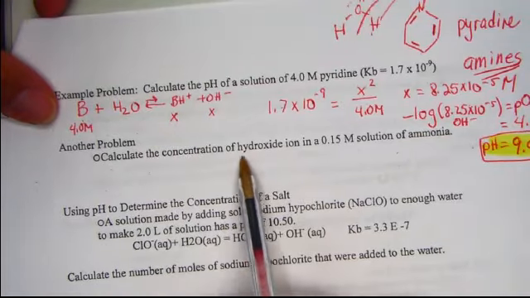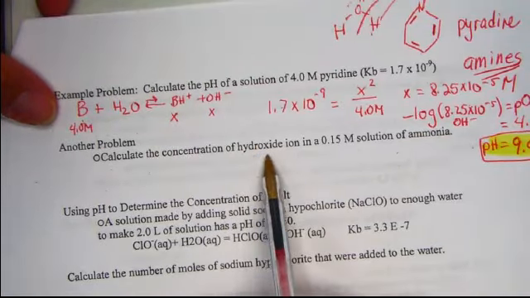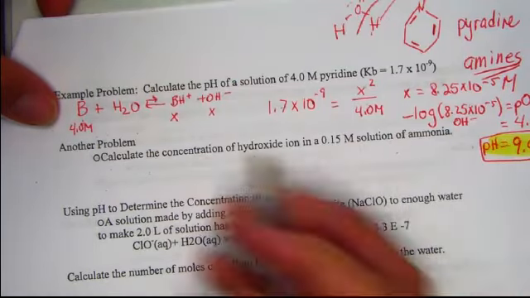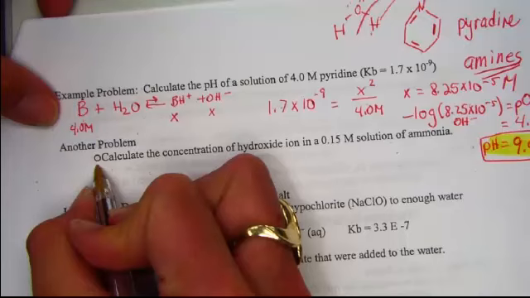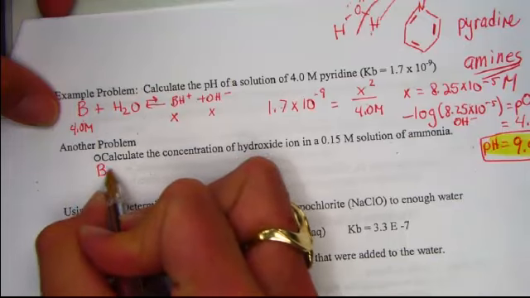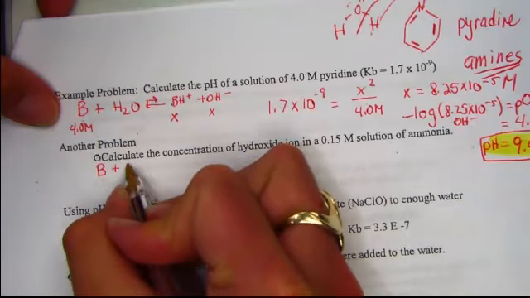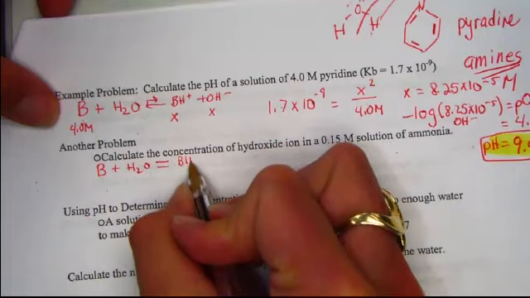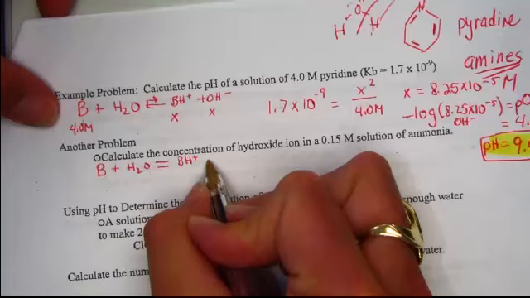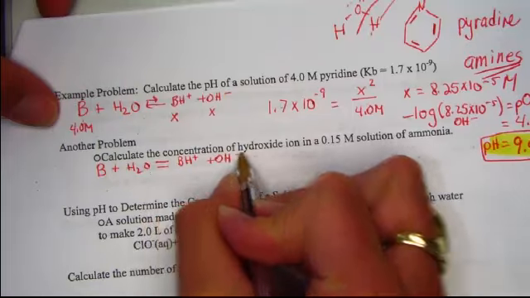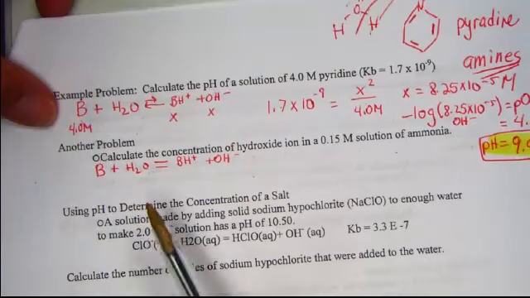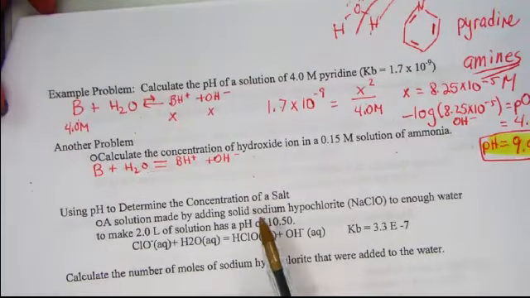Let's calculate the concentration of hydroxide ion in a 0.15 molar solution of ammonia. Do the chemistry. Ammonia is a weak base, NH3. When placed into water, it ionizes to create a conjugate acid, ammonium, and the base ion, hydroxide. Notice our general formula will always carry us through.